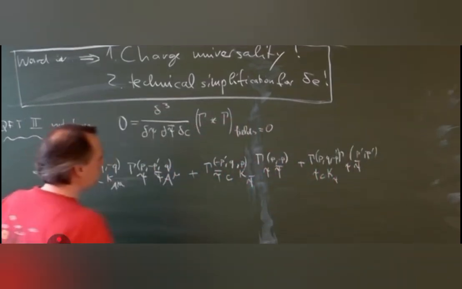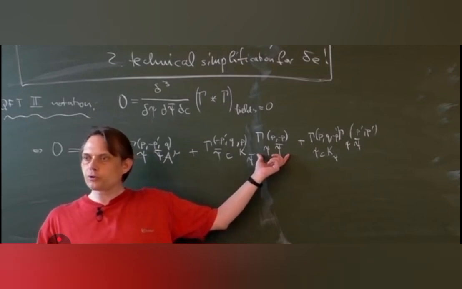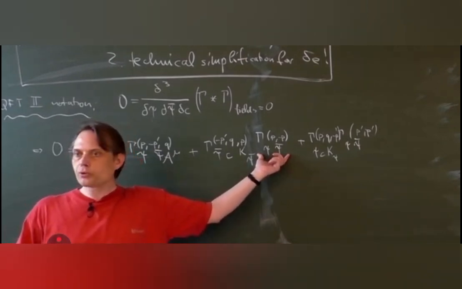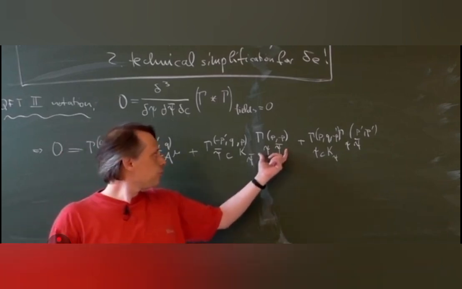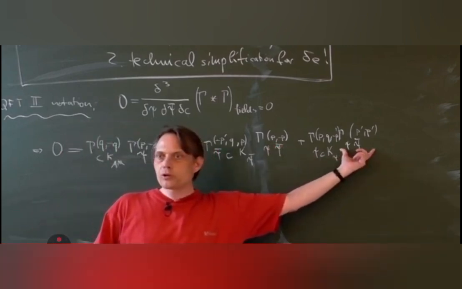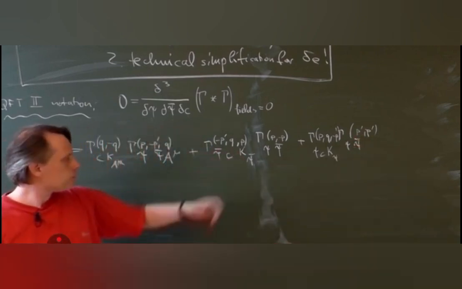And then you see here has emerged the one particle irreducible electron self-energy, or the one particle irreducible electron 2-point function with momentum p, and here the same 1PI electron 2-point function with momentum p prime. And here there are some prefactors.